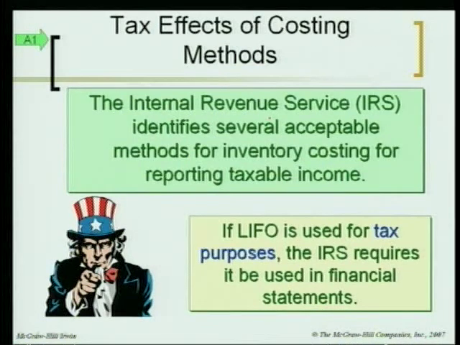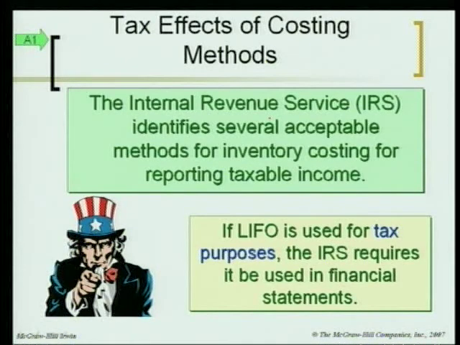Now this little slide says what we said earlier, that if you use LIFO for tax purposes, oh, no, let's wait on that. Let's back up here. It's saying something different. What this is saying is that the IRS identifies acceptable methods for inventory costing.